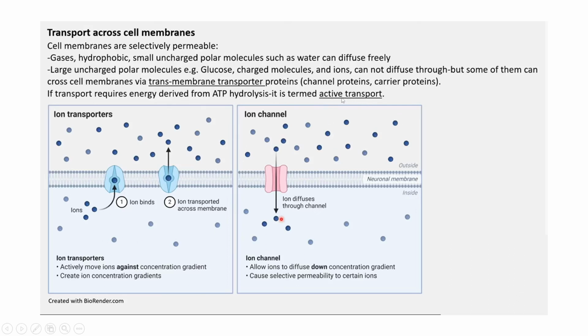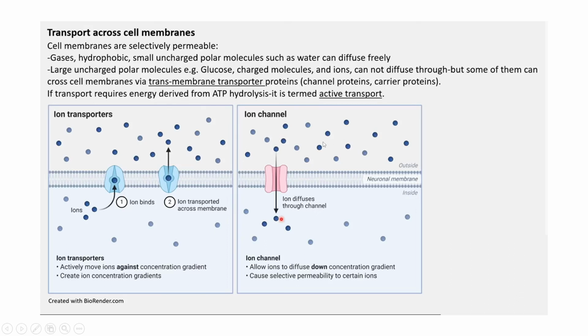When we talk about the active transport, there is a transport of ions against the concentration gradient. So if your ion molecules are lower inside the cell and higher at the outside. So let's talk about passive transport first. In passive transport, basically the flow of ions is driven by the concentration gradient.